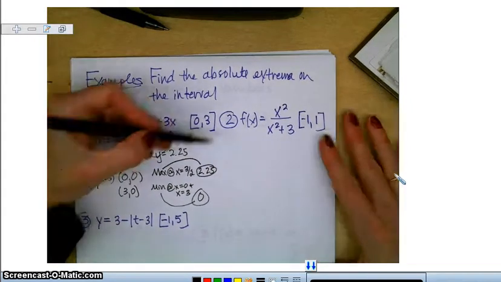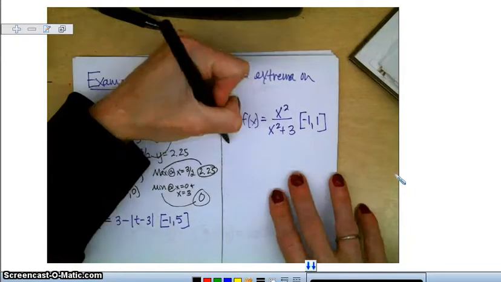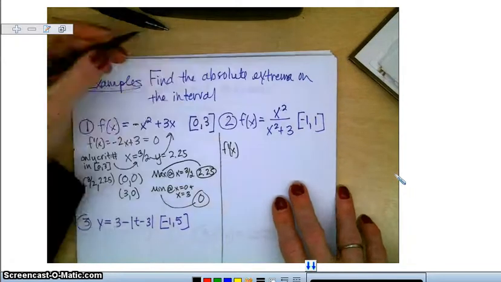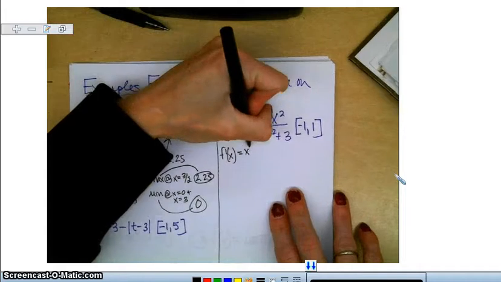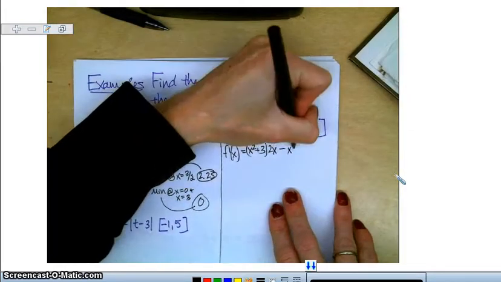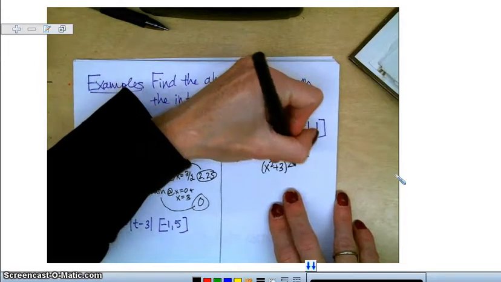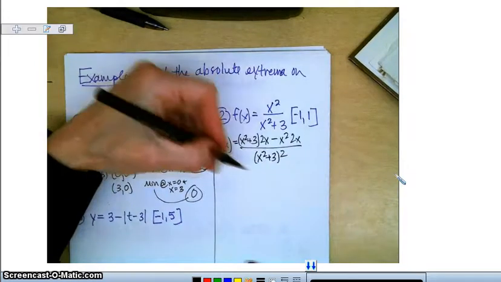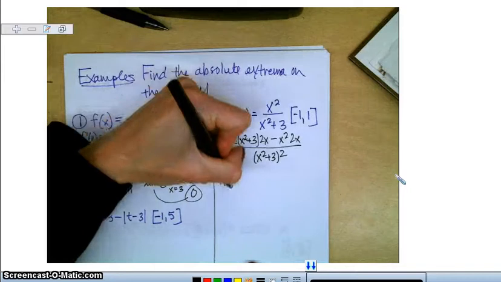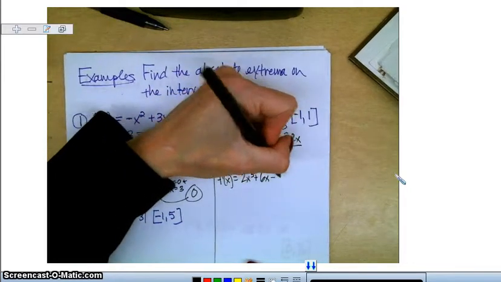Find the absolute extrema on the interval. The first thing I'm going to do is take the derivative, so f prime of x, using the quotient rule. Take the bottom times the derivative of the top, minus the top times the derivative of the bottom, all over the bottom squared. I'm going to distribute and combine like terms on the top. 2x cubed plus 6x minus 2x cubed.